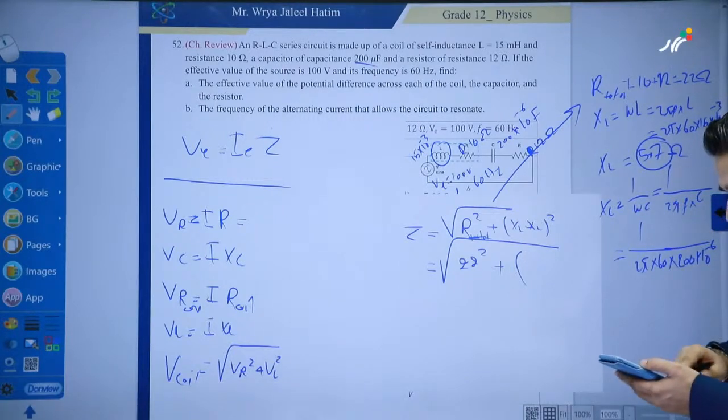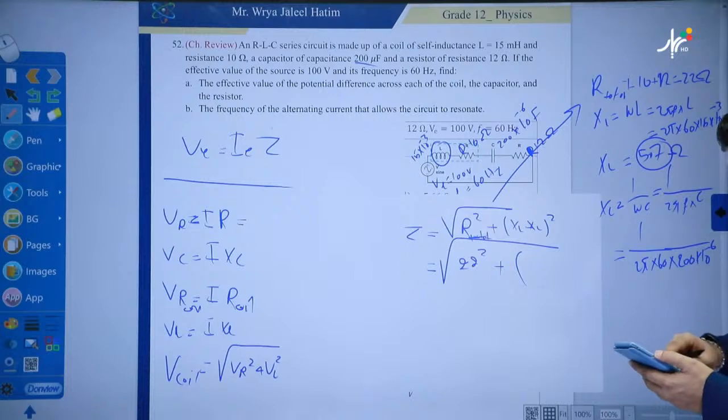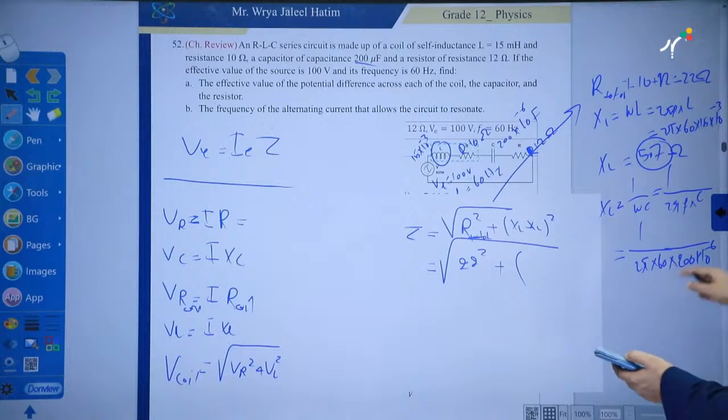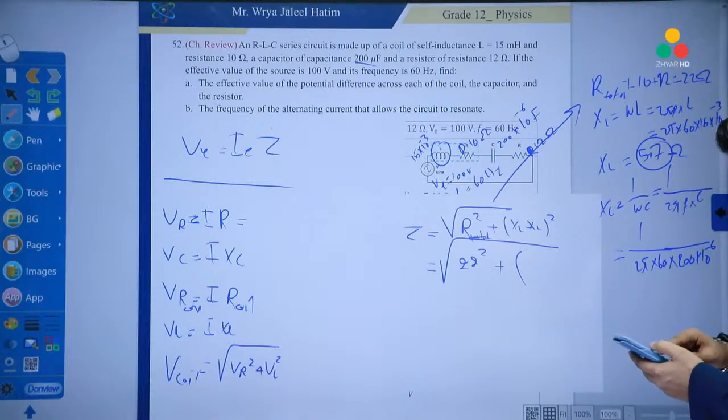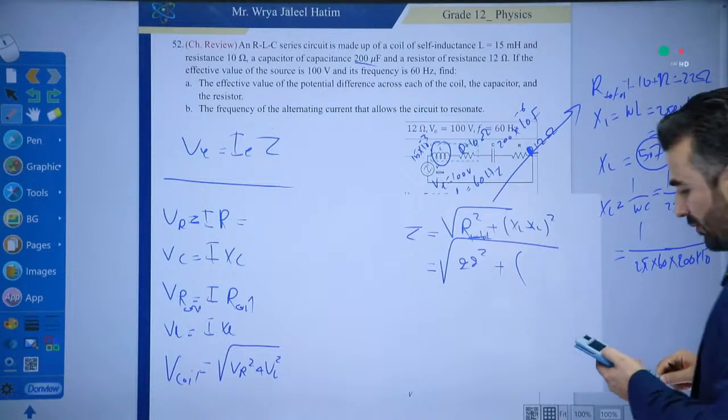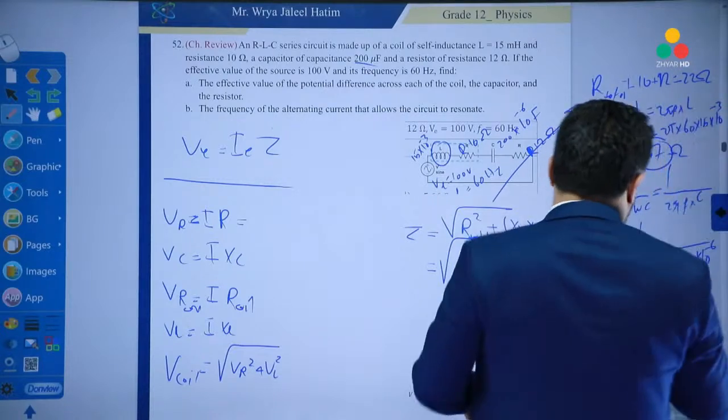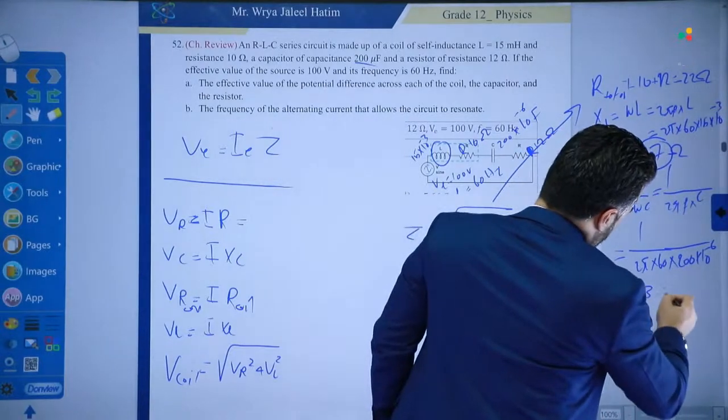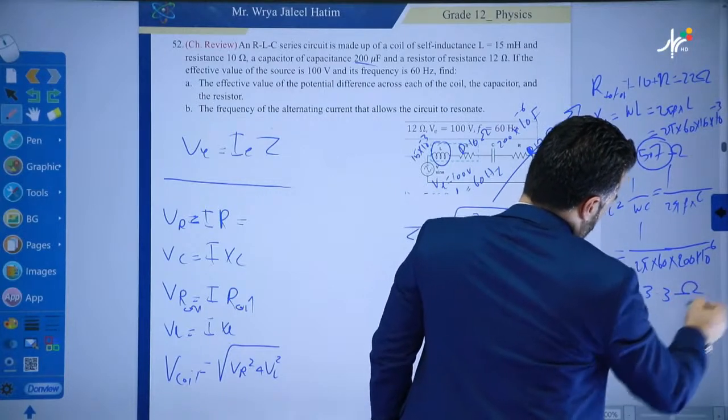That is the same thing: 1 divided by 2 pi times 60 times 200 microfarad, times 10 to the power negative 6. The answer is 13.3 by rounding, in ohms.